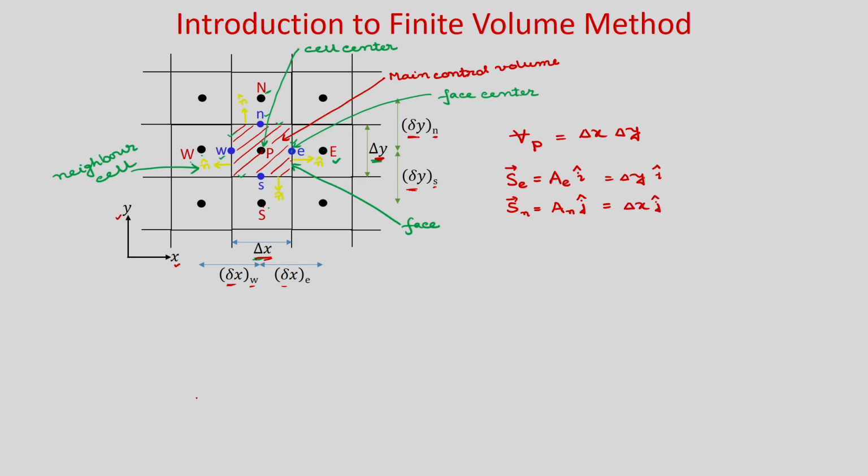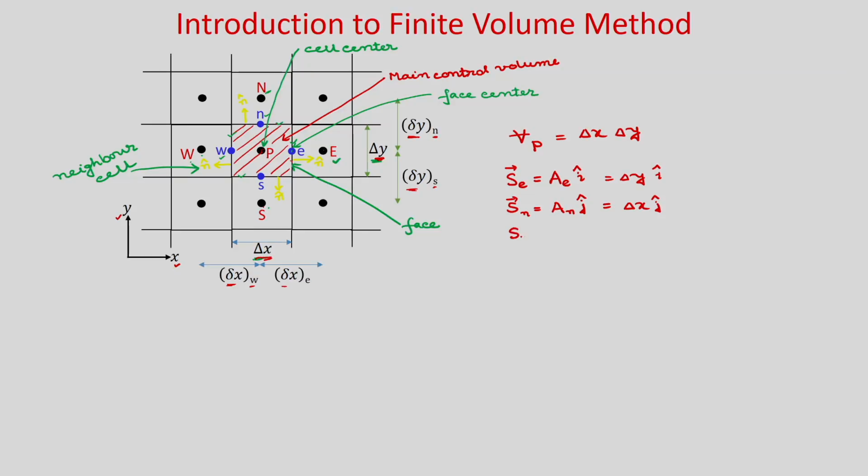Now, if you consider the west and south faces, then the face normal is negative to the x and y direction respectively. So we will write S w, which is your west surface vector, that is your minus A w i. This minus sign is coming as your face normal is negative to the x direction.